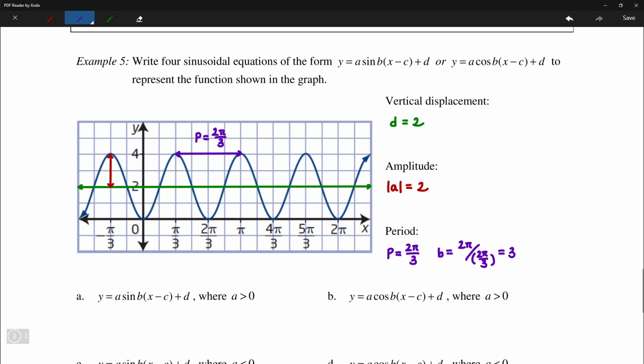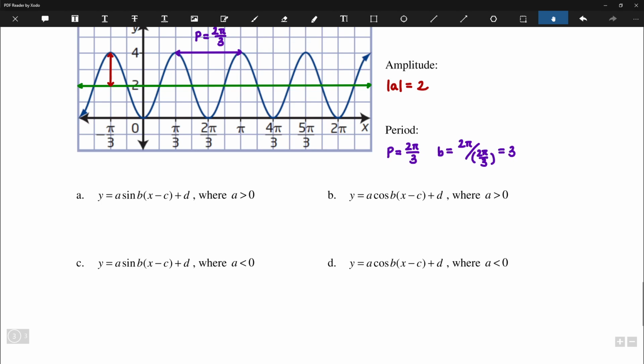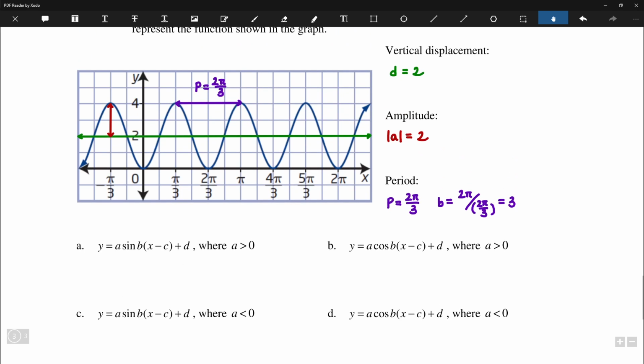Notice that we did not look at or consider the c value, the one that controls the phase shift of the graph, because the type of trigonometric function we're working with will determine what the phase shift needs to be. Okay, in this first example, part A, we're looking at a positive sine function because A is greater than 0.